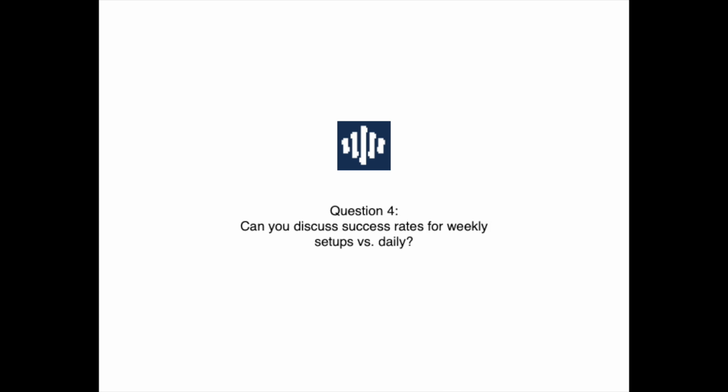Can you discuss the success rate for weekly setups versus daily? Recently I started adding the daily setups. Hopefully when we load those numbers on the website, we will separate them as daily and weekly and have a look at them.